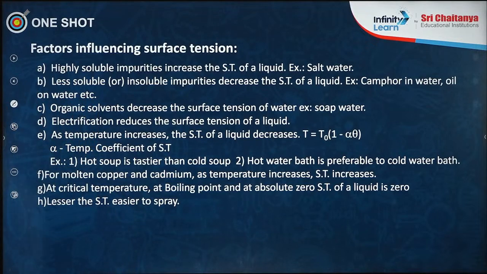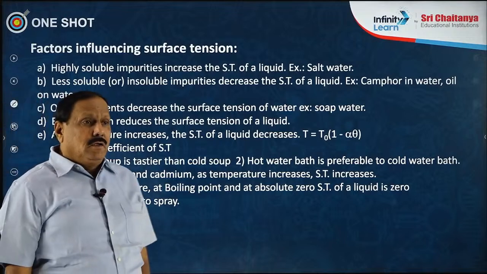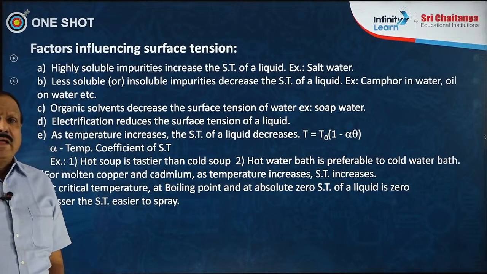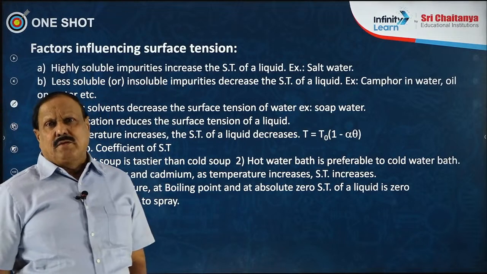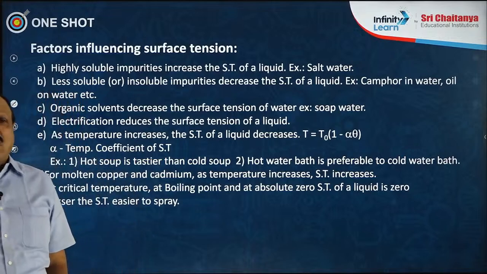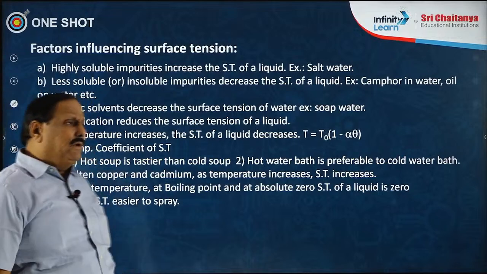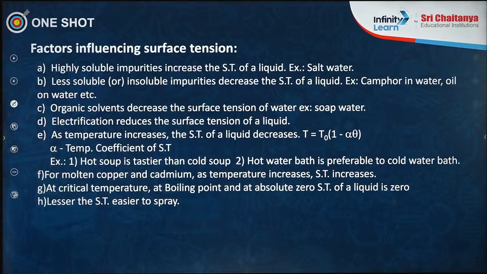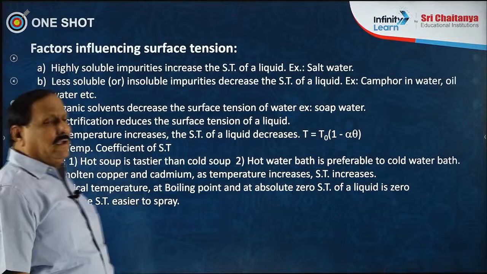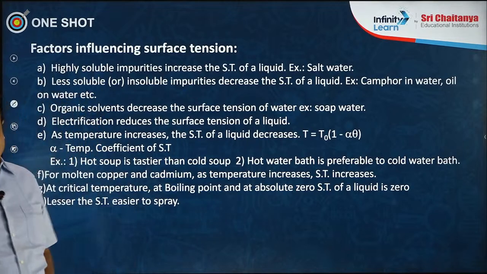So, anyway, the concept here is insoluble or less soluble. For example, camphor. When you add camphor to the water, camphor is less soluble in water, therefore surface tension decreases. So, less soluble or insoluble substances will decrease the surface tension and soluble impurities increase the surface tension.